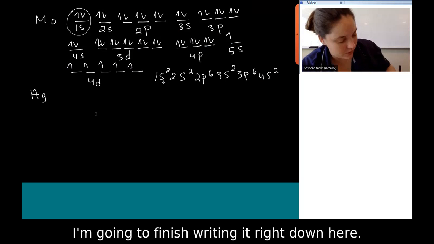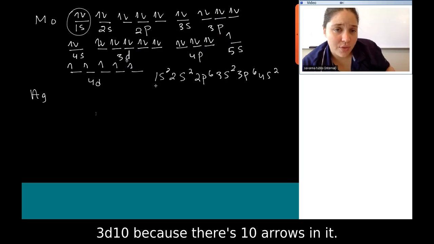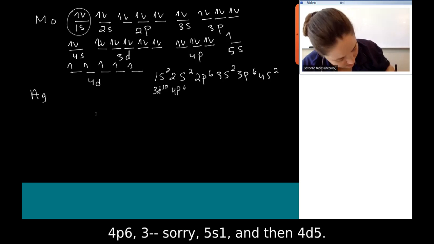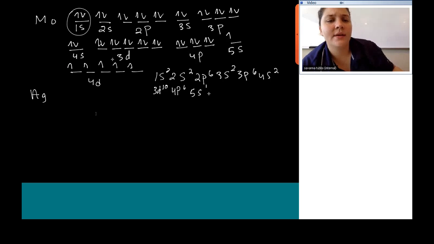I'm going to finish writing it right down here, 3d10, because there's 10 arrows in it, 4p6, 5s1, and then 4d5.